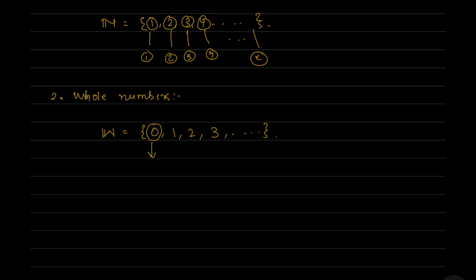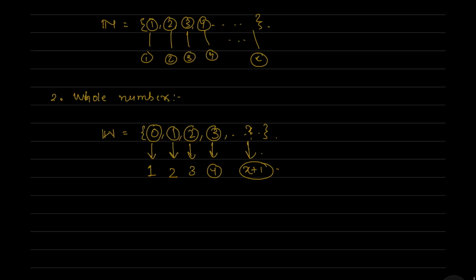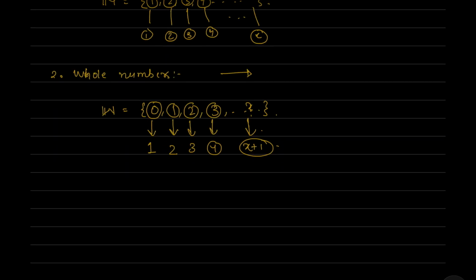Whole number 0 gets room number 1, whole number 1 gets room number 2, whole number 2 gets room number 3, whole number 3 gets room number 4, and for whole number x I give the room x plus 1. This way for each whole number I am able to assign one room in our hotel whose numbers are marked by natural numbers. So whole numbers are also countably infinite.